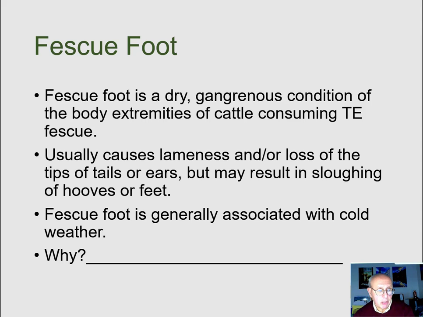The why part of this slide, we really haven't put all the pieces together for you, but I'm going to do it now. The presence of the toxic principle of tall fescue that's produced because of the interaction between the fungus and tall fescue causes the veins near the extremities of cattle, of ruminants, and actually of horses too, to constrict.